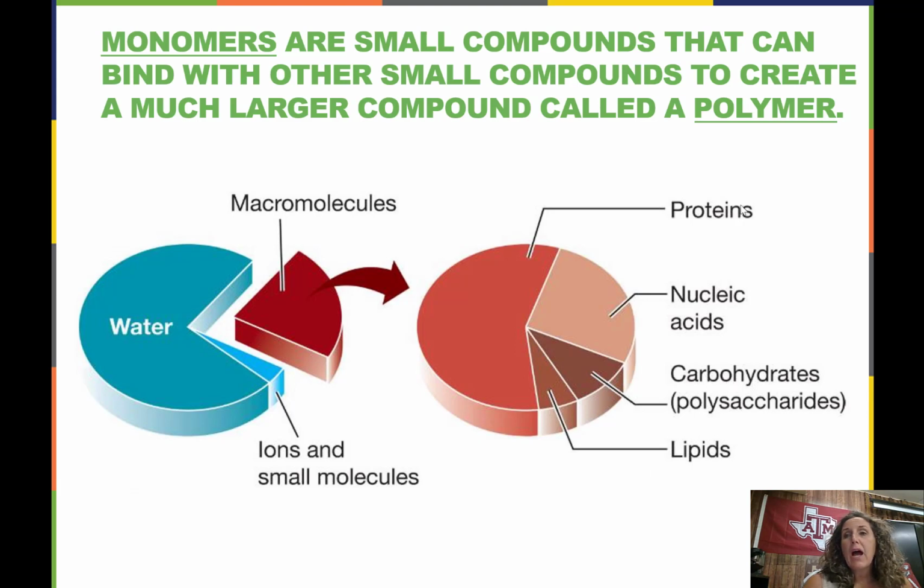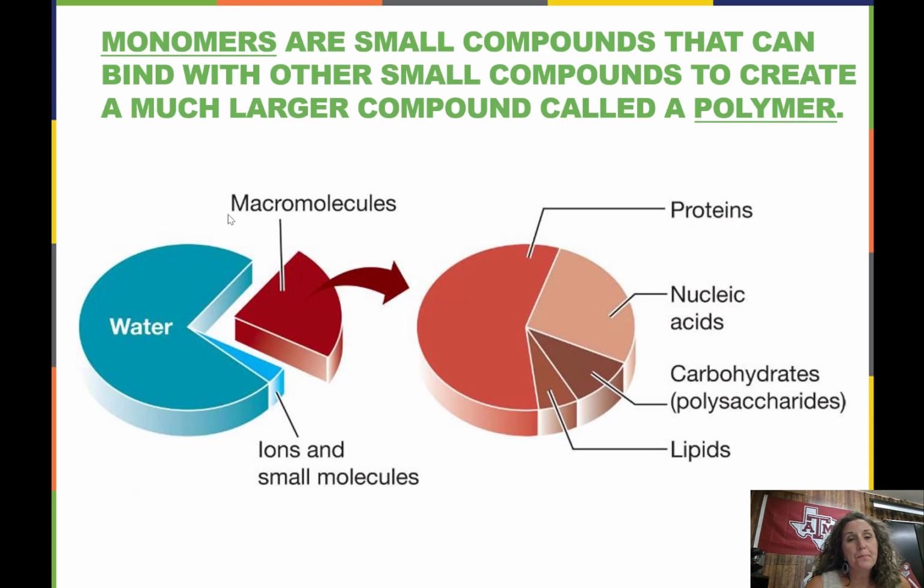I will give you a monomer, the most basic part of that molecule, the smallest it can be broken down into and still have the characteristic of that molecule. And then I'm going to give you examples of what a polymer looks like.